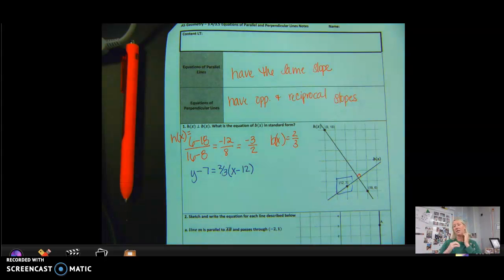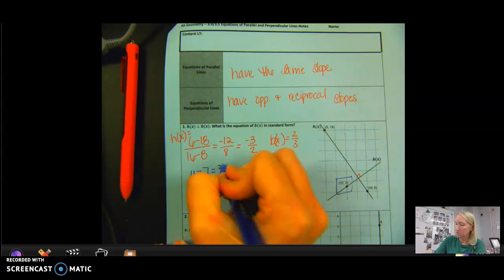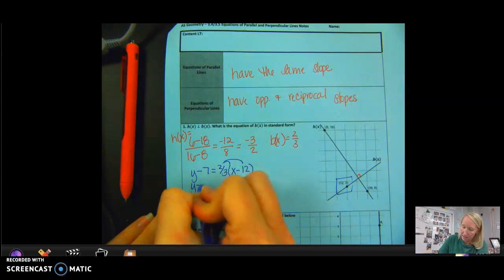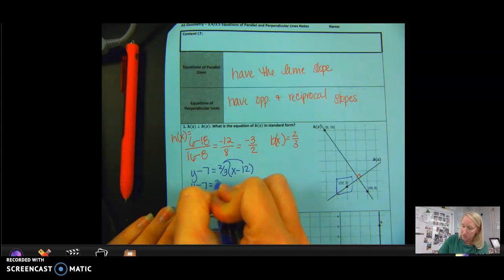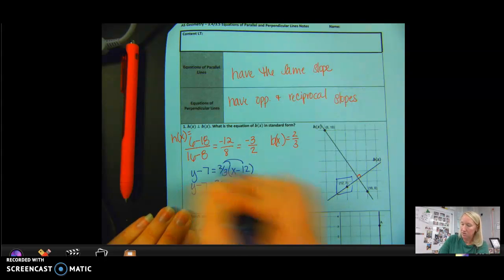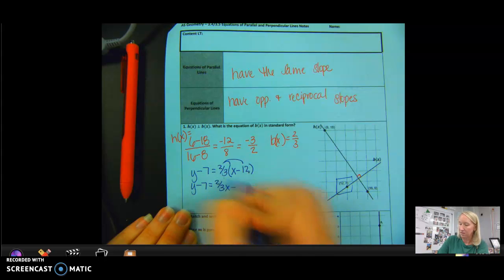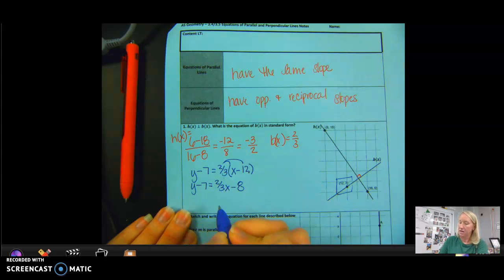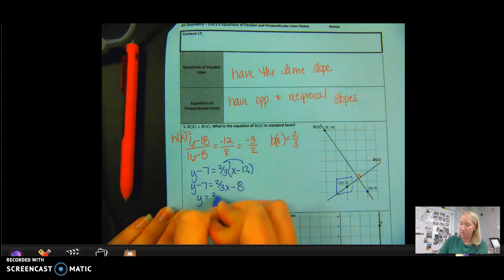So then I start distributing, and I'm going to start moving it so my x's and my y's are on the left-hand side. So I distribute. I get y minus 7 equals 2/3 x minus 2 times 12 is 24. 24 divided by 3 is 8. I'm going to add 7 to both sides, so I get y by itself. Y equals 2/3 x minus 1.